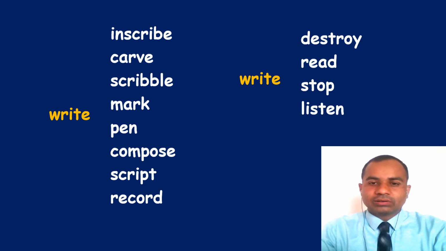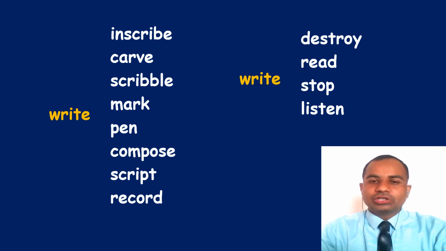Write and read, write and destroy, write and stop writing, then write and listen. So writing is compared with other skills like reading or listening. Writing, the act of writing, the action of writing, and now not writing, so to stop the writing.